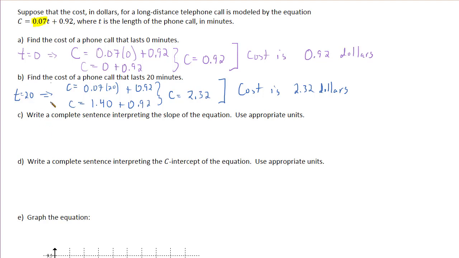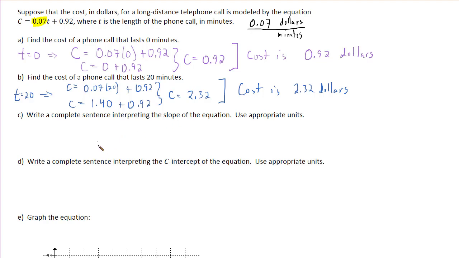The units on the slope are the units of output per units of input. The units of the output are dollars, and the units of the input are minutes. And so the slope is in terms of dollars per minute.